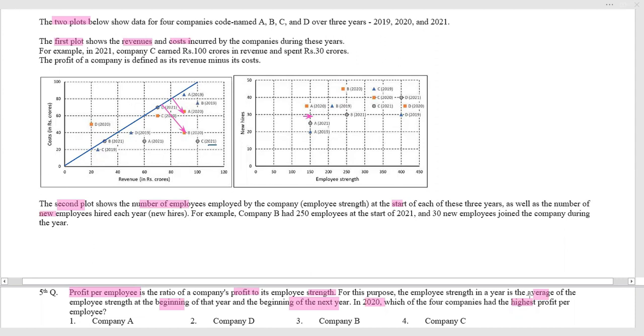The employee strength in a year is the average of the employee strength at the beginning of the year and the beginning of next year. In 2020, which is the companies at the highest, 2020 I want to take, that means 20 and 21. So for A 2021, it should be somewhat high. However, in case of B, 20 and 21, this would be the average. So B value is comparatively higher as per this line and employee strength is also high.